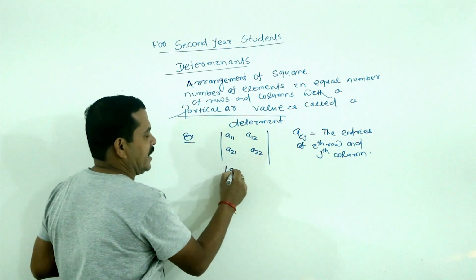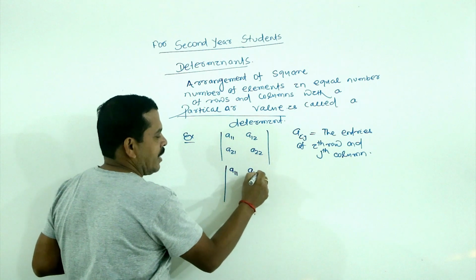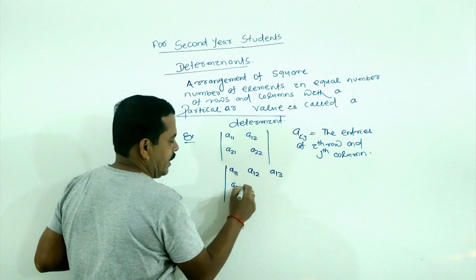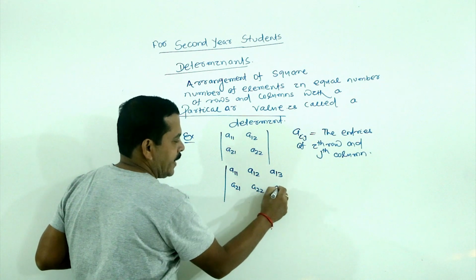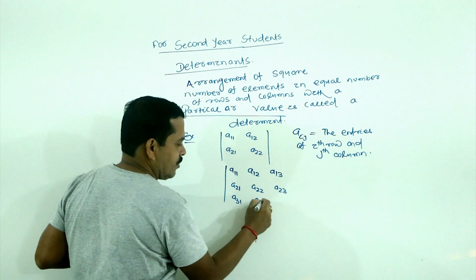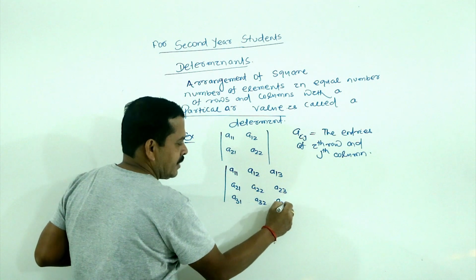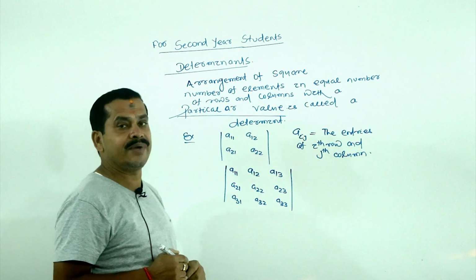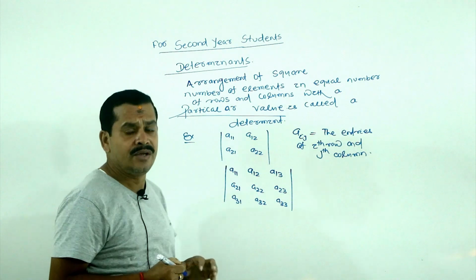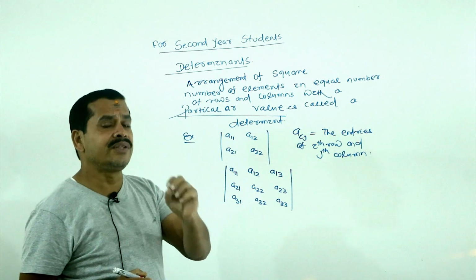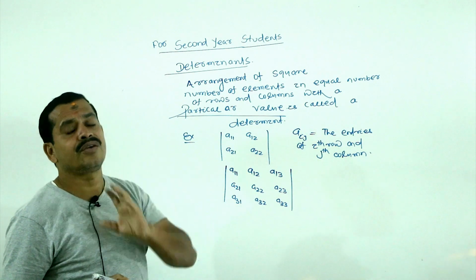Similarly, we can represent third order as A11, A12, A13, A21, A22, A23, A31, A32, A33. This is the general expression of a third order determinant. So far as our course is concerned, we are acquainted with only second order and third order determinants.